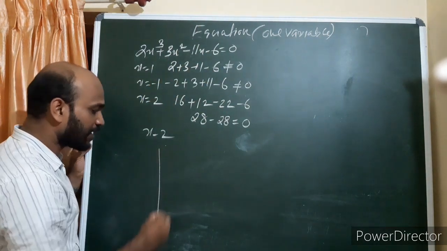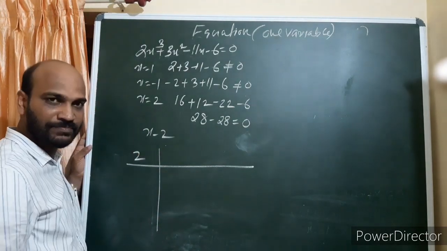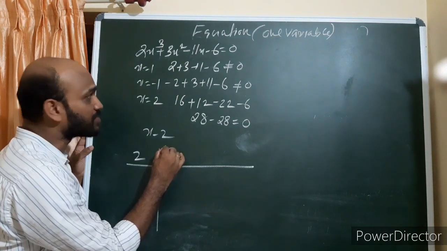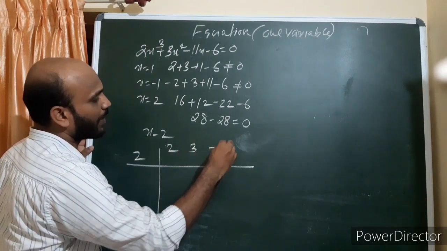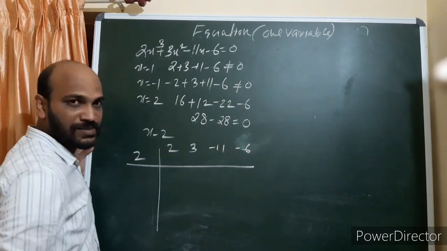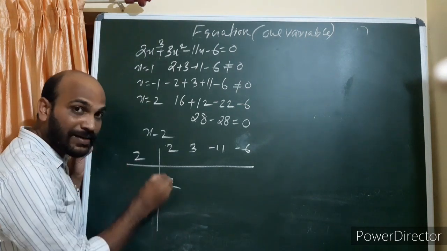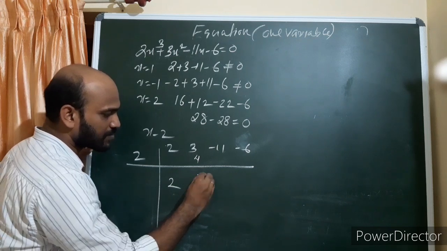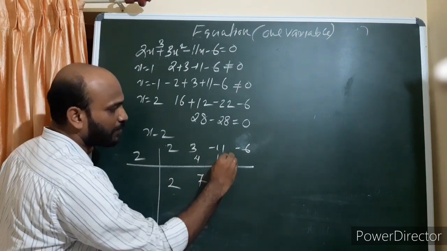Otherwise, the shortcut method. We'll write 2 here because 2 is one root, and the coefficients here, that is 2, 3, minus 11, minus 6. This number you have to write as it is. Multiply diagonally. 2 into 2, 4. 7. 2 into 7, that is 14.